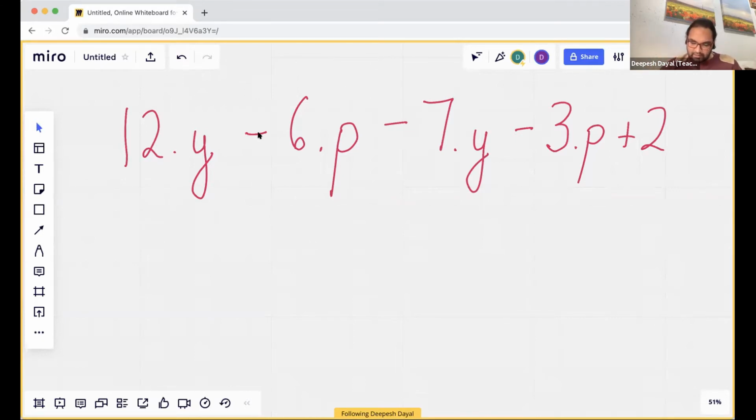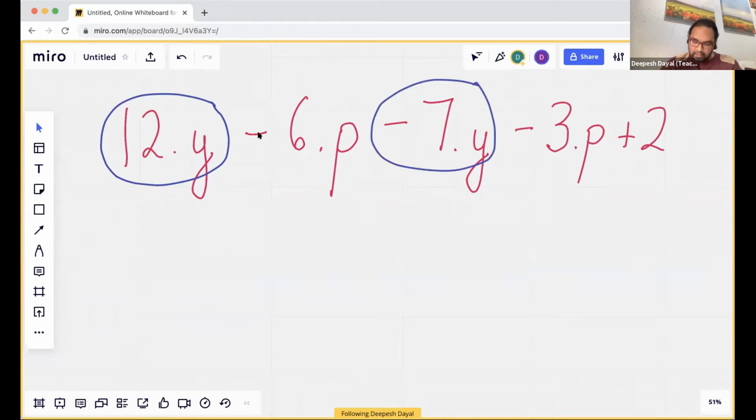Okay, so let's circle them. We've got 12y, then 7y, and then the p terms, minus 6p and minus 3p.